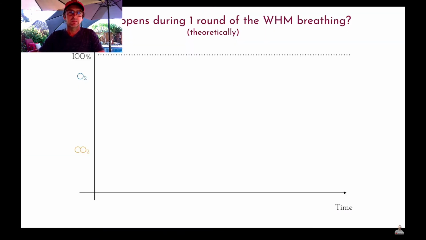What happens during the first round of the Wim Hof method breathing? Oxygen saturation increases by just a bit, as in any case, saturation of oxygen is close to 100 anyway. However, because of the hyperventilation, we are exhaling more forcefully and getting rid of carbon dioxide quicker. At the end of the hyperventilation, these events reverse.